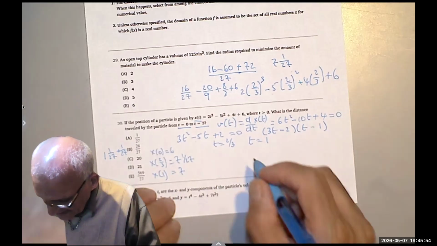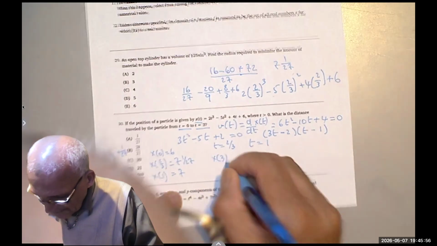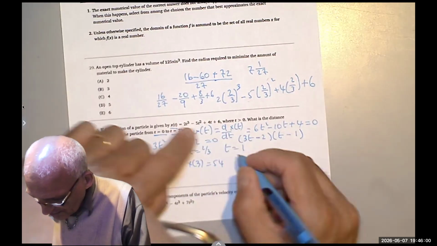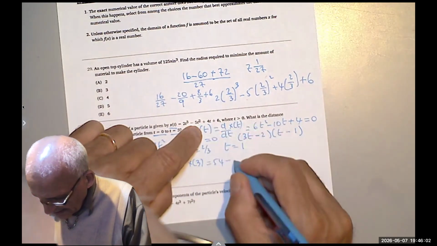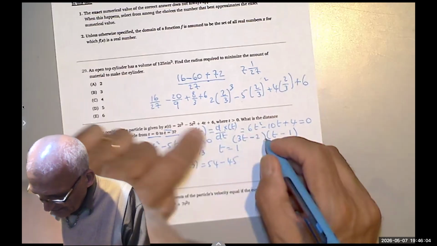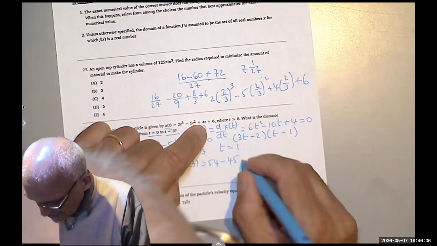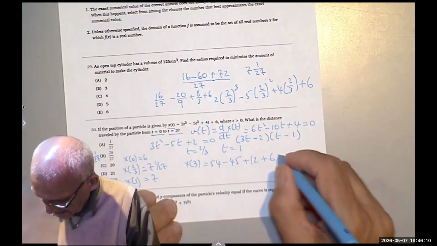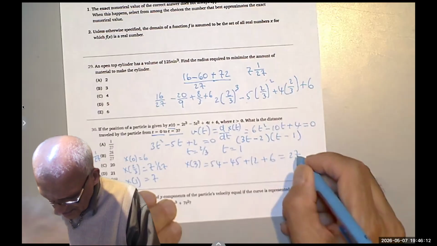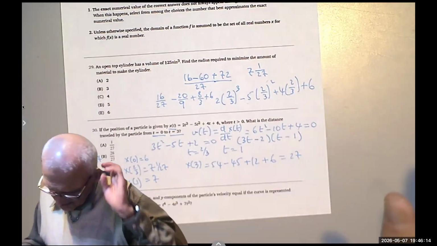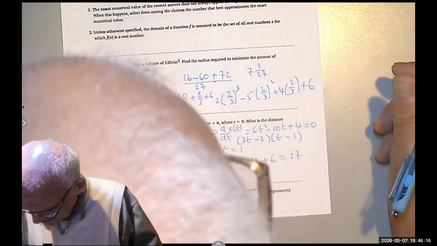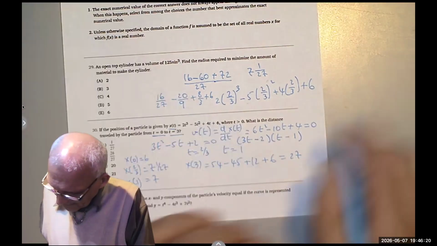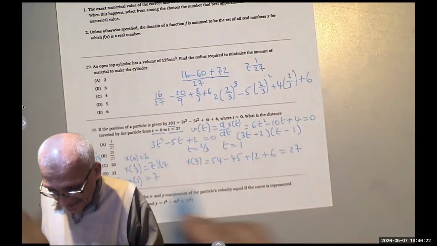And finally, I get x of 3. 3 cubed is 27, times 2 is 54, minus 3 squared, 9 times 5, 45, and 3 times 4 is 12, plus 6. This is 9, 21, 27. So now I have to add these.